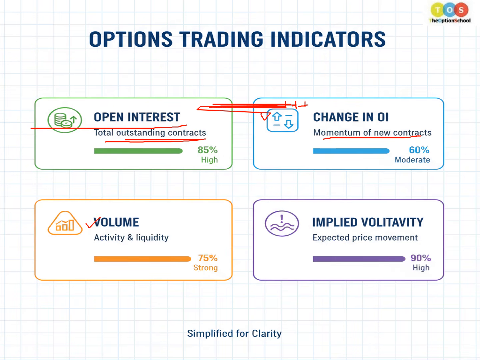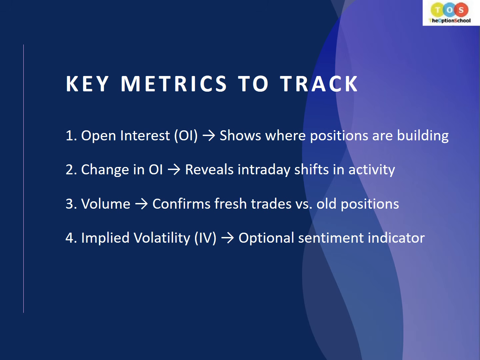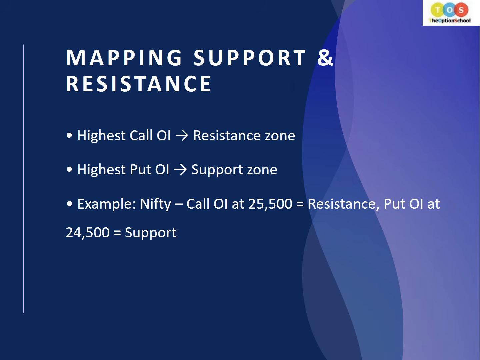The volume tells us about the activity and the liquidity in that particular strike. And implied volatility, as we have already discussed, is the expected price movement in that particular strike. So we have talked about the metrics which one should track, and here I have presented you the four: open interest, change in open interest, volume and implied volatility.